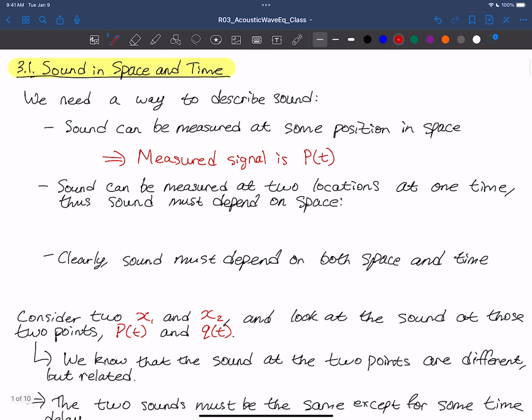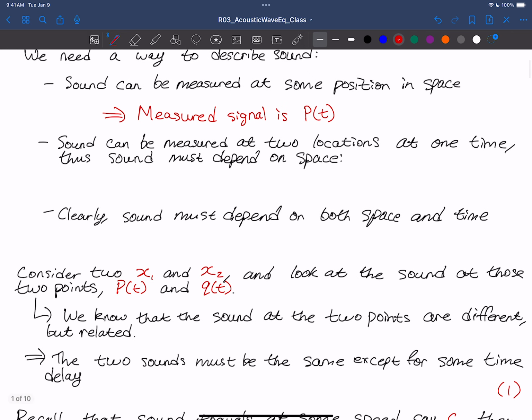Additionally, sound can also be measured at two locations at one time. And so that also then tells us that sound must depend on space. So our pressure measurement can depend on locations in space. We'll use x, and that underline means a vector quantity.